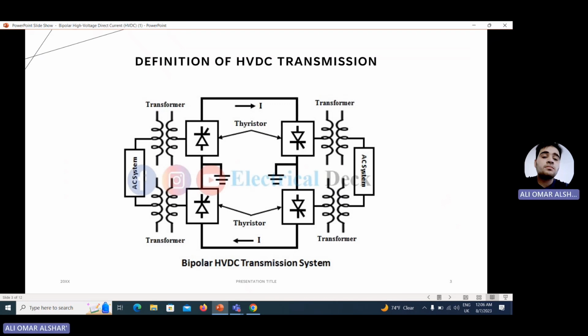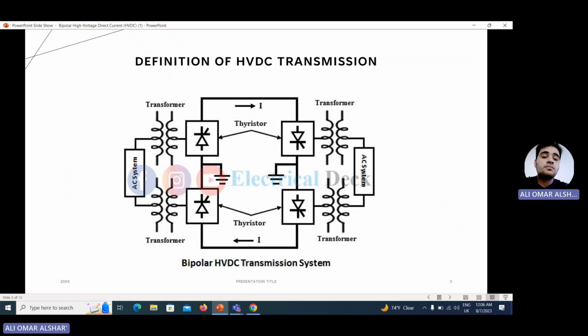Then we can talk about controllability. For DC, we can control the system and the direction of power, whether we want to transmit it from city 1 to city 2 or from city 2 to city 1. But in AC systems, we cannot control the power direction. It's not something in our hand.